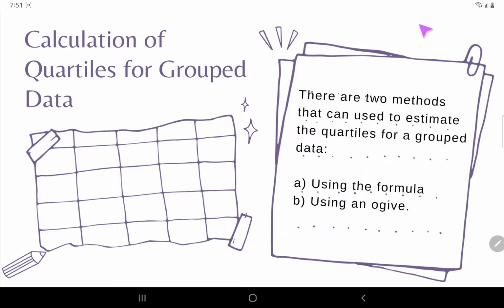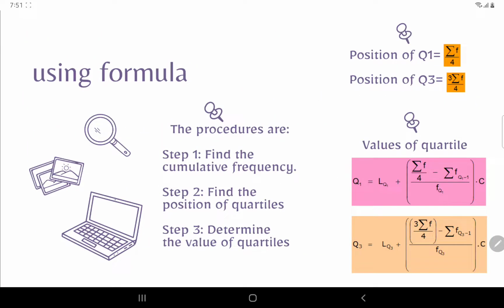Okay, this is the calculation for quartile for group data. There are two methods this time for calculation of quartile for group data. The first one is using the formula, and the second one is using the ogive.